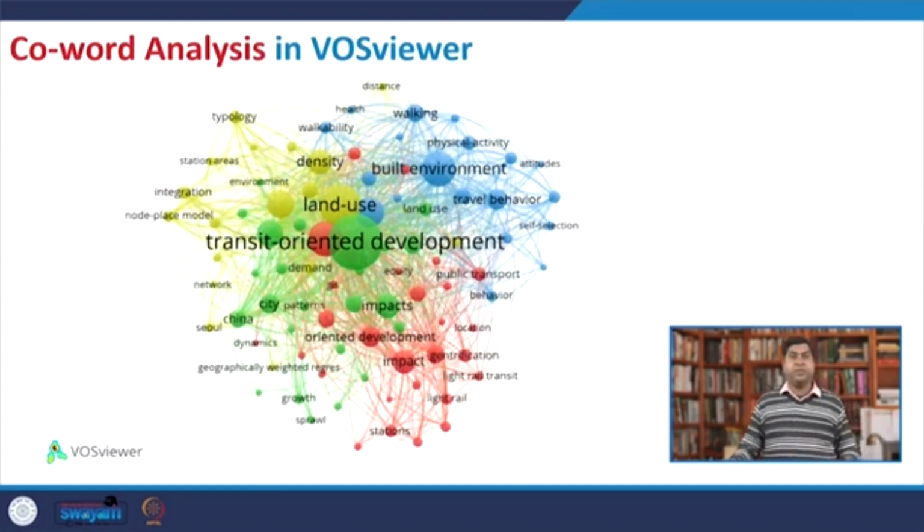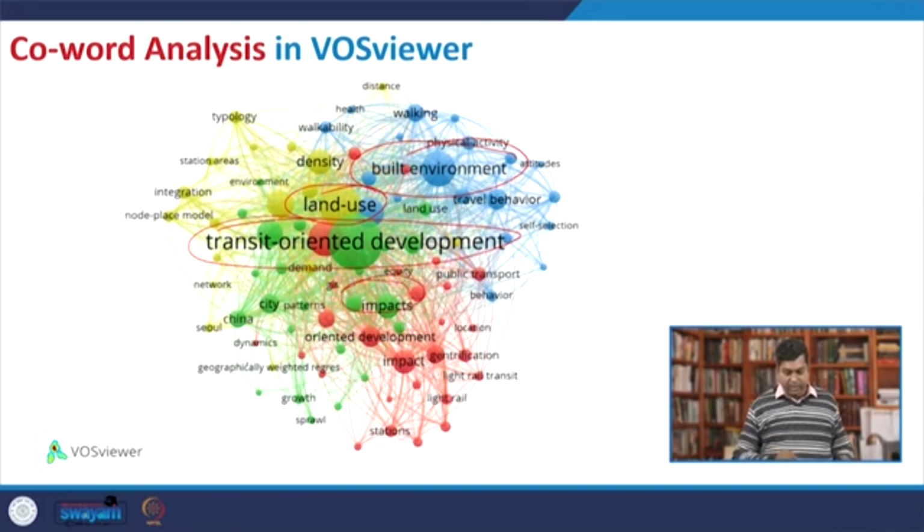Now say, for example, after analyzing the co-occurrence study, say the topic is transit oriented development, and this is the overall clustering or thematic area that is coming up. So transit oriented development is one theme, then you can have land use, you can have built environment, you can also have impact. Okay.